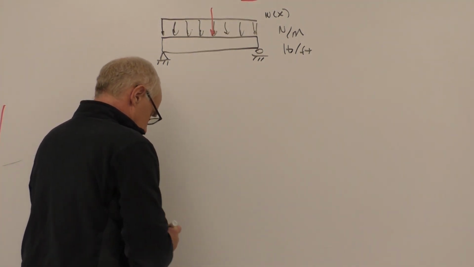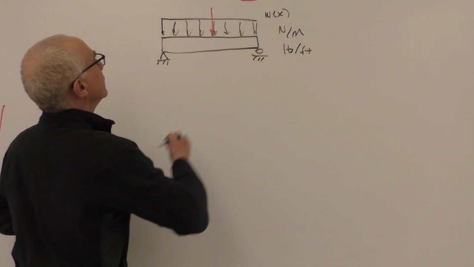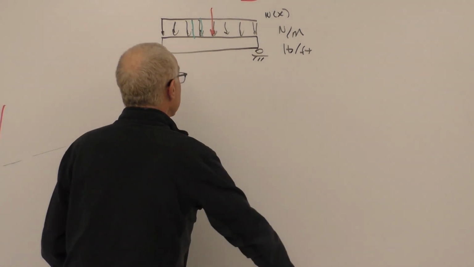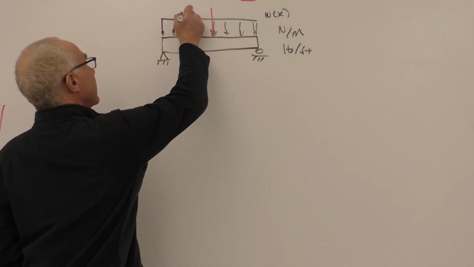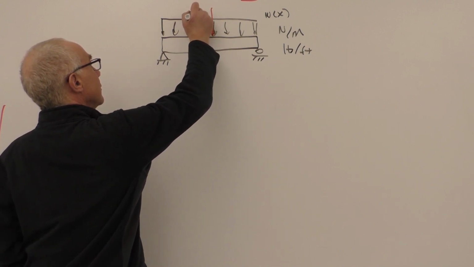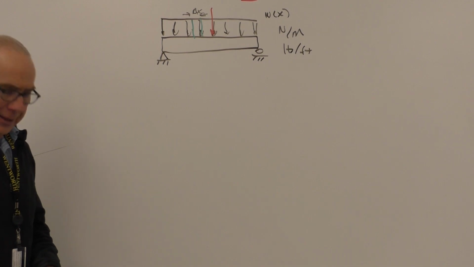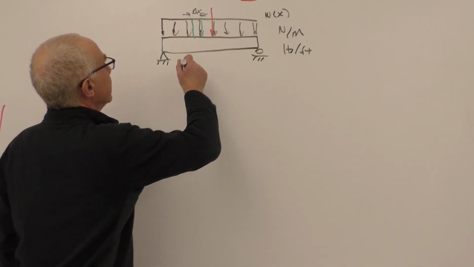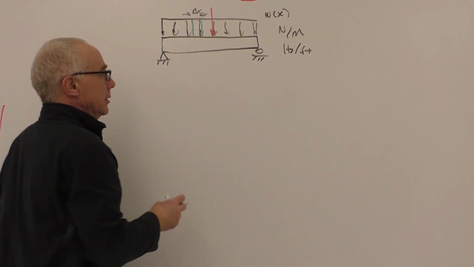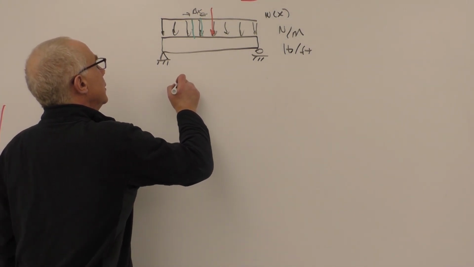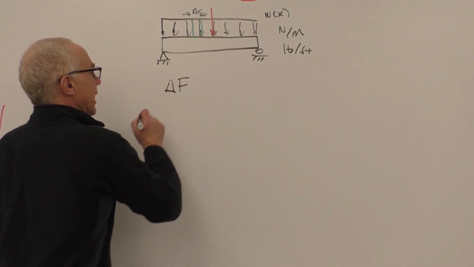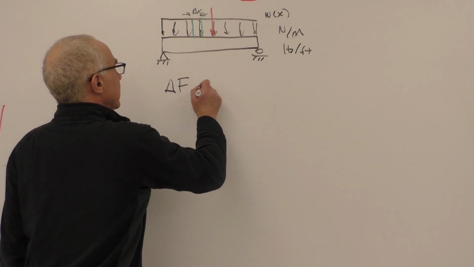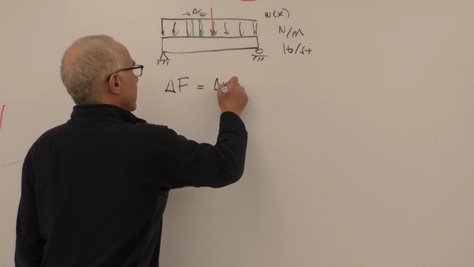If we were to take a little wedge of this thing, like from here to here, and consider it having some width of delta x, and it has some average value of W in here, we might realize that the downward force of this little piece is going to be equal to, I'll write delta F, a little piece of the overall F, equal to delta x times W.